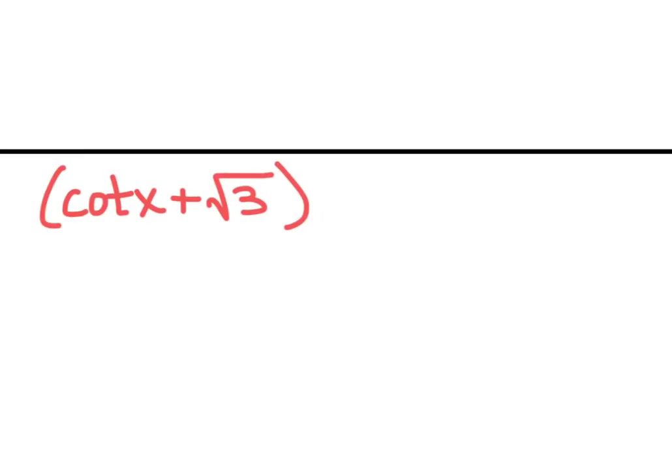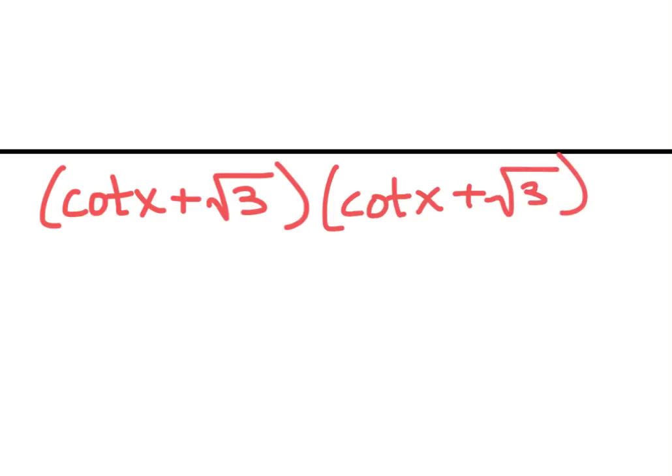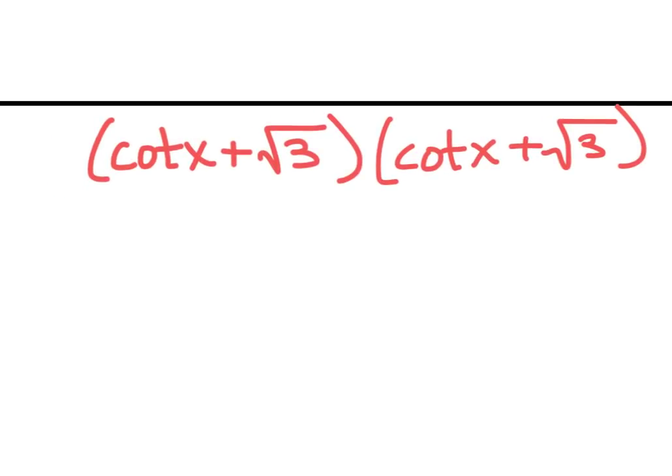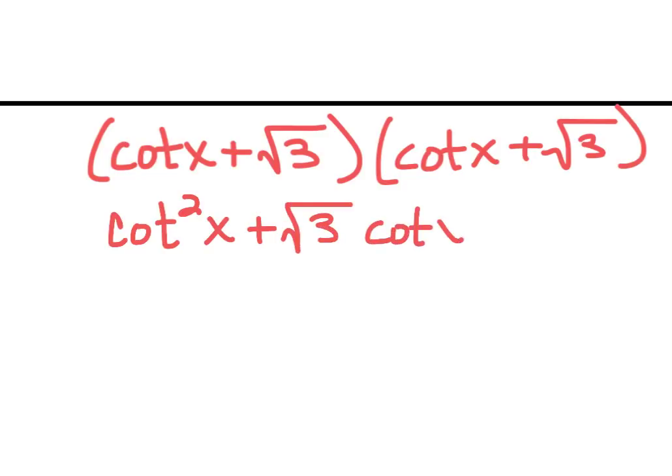So if I have cotangent of x plus radical 3 squared, that's cotangent of x plus radical 3 times cotangent of x plus radical 3. FOIL says multiply your firsts, so I get cotangent squared of x. Multiply your outsides, so that's plus radical 3 times cotangent of x.